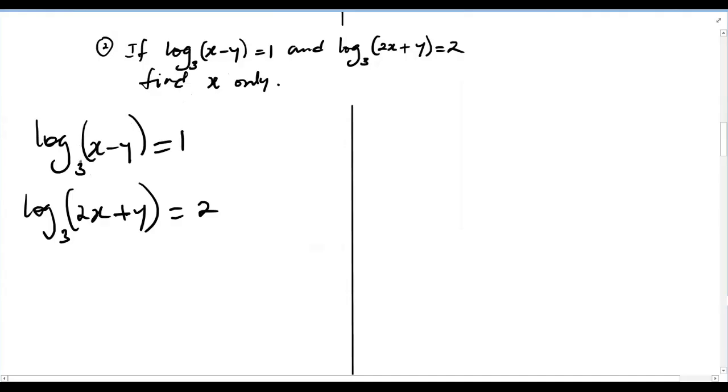Now, if I use the definition of log to raise this particular power up, as if the base raises the power up, likewise this one, what we're going to have is x minus y equal to 3 to the power of 1.